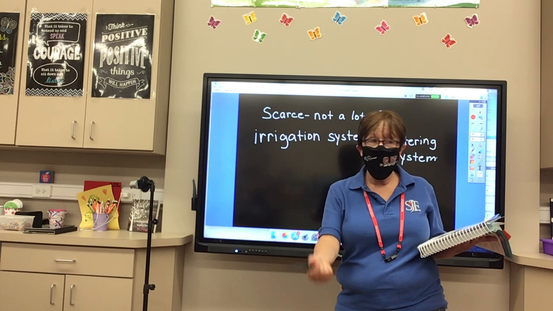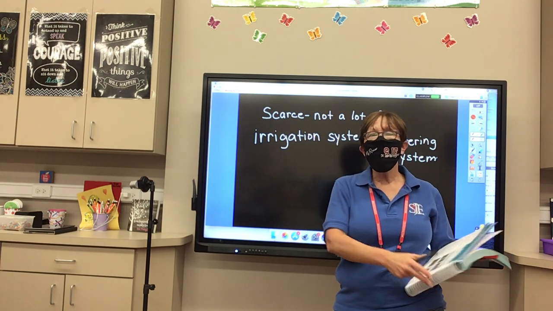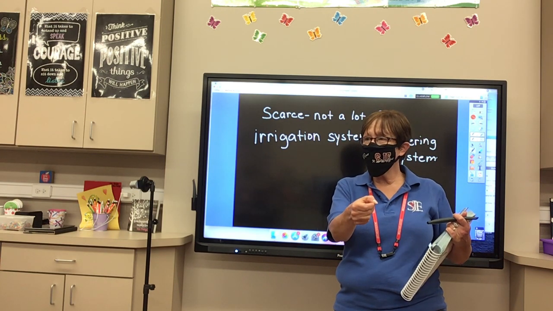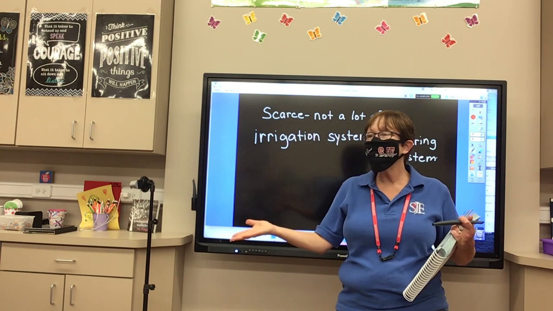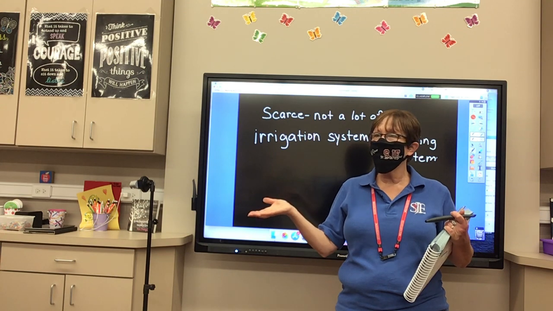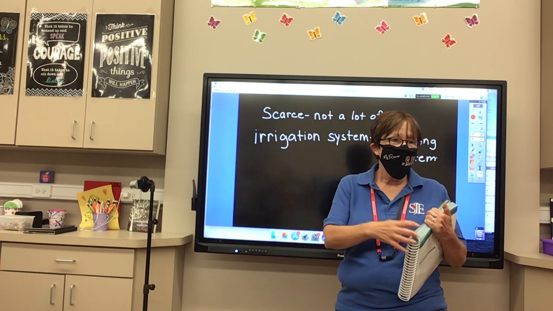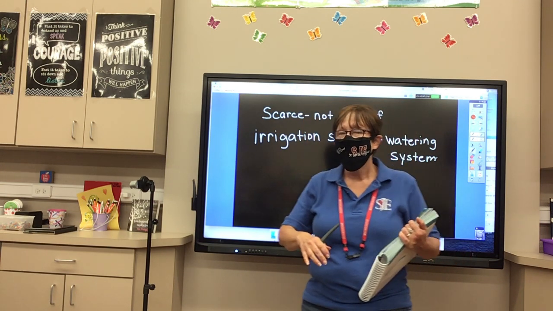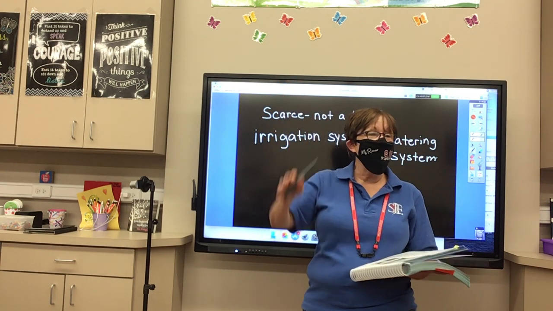If the sprinkler heads pop out and water the grass, who just pulls their hose and then uses a sprinkler on the end of the hose to water their grass? That's an irrigation system as well. It's a watering system. Who doesn't water their grass? I like to almost never water my grass. I let Mother Nature water my grass. I let God water my grass. So I use Mother Nature or God as my watering system.